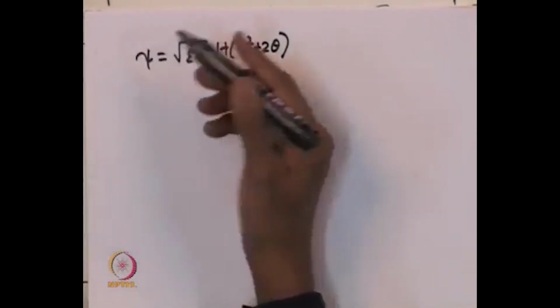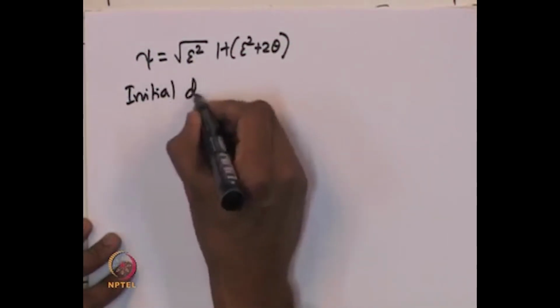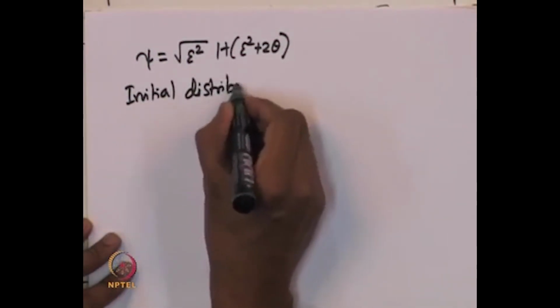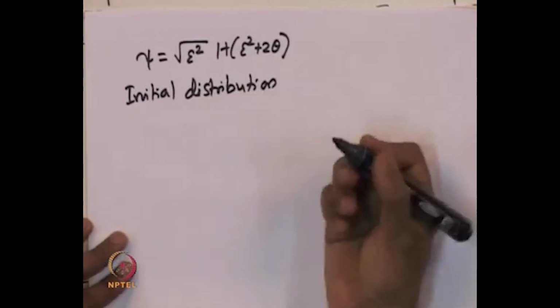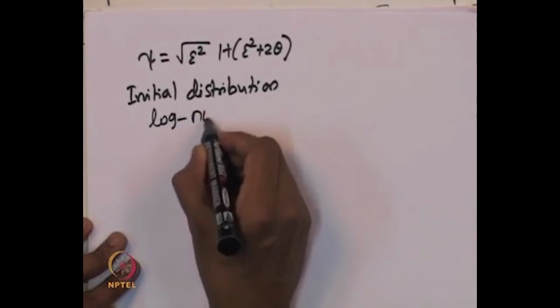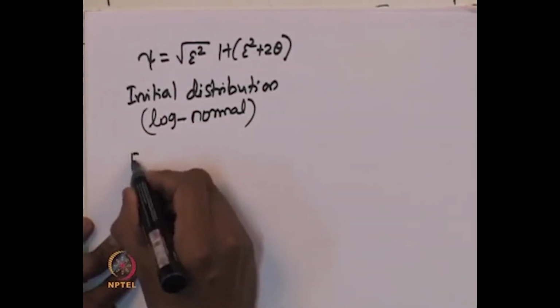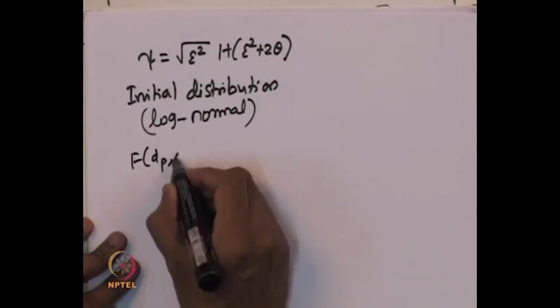Psi is almost like a non-dimensional distribution of the particles of various sizes. If you look at the initial distribution, it is given by a log normal distribution. The log normal distribution is as it goes here.